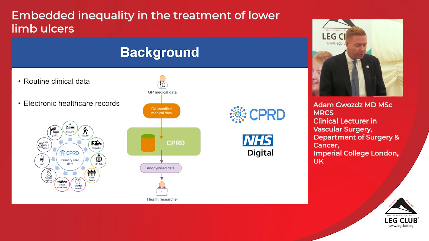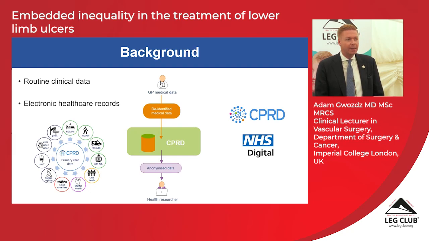So this project, or this data, has largely been from the CPRD. And CPRD is the Clinical Practice Research Data Link. It's essentially a data source that supports both prospective and retrospective studies.